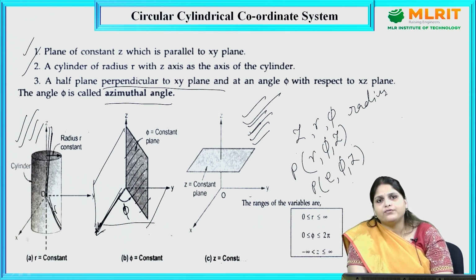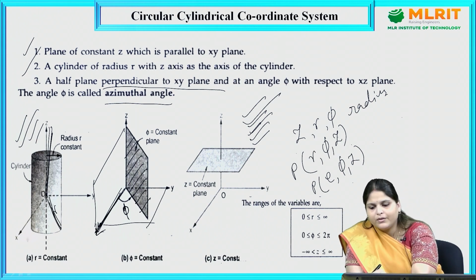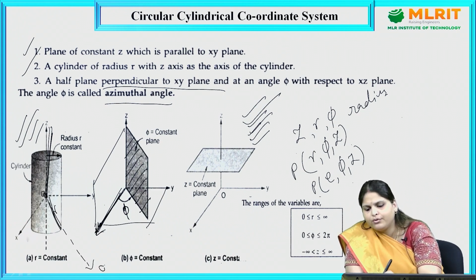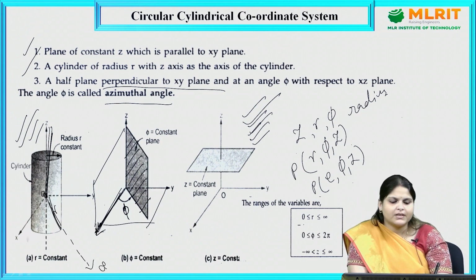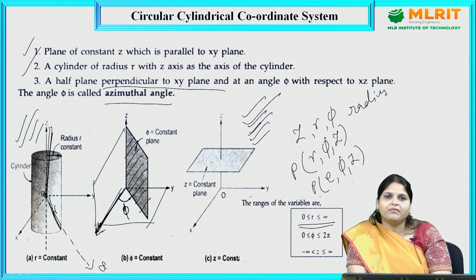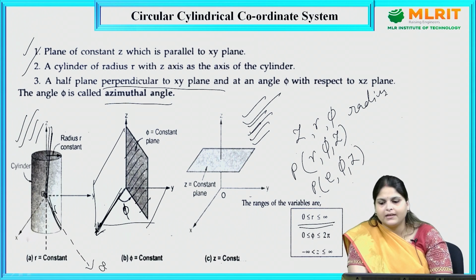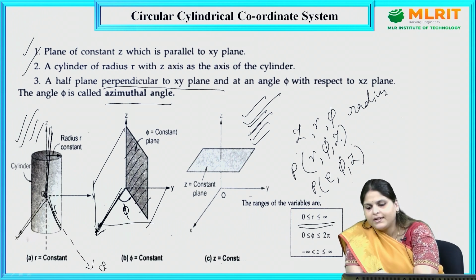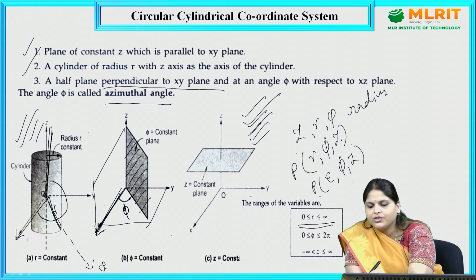The range for rho or r, meaning the radius, is from 0, because it starts from 0, to infinity. Next, phi, which is called the azimuthal angle, as I already told, starts from the x axis. The reference axis would be the x axis, and it slowly moves in the anti-clockwise direction up to here.